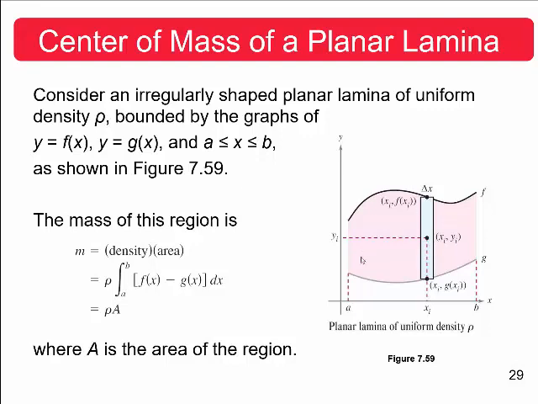We know how to find the area: you just integrate from a to b the top graph minus the bottom graph with respect to x, and multiply it by rho, whatever the density is. That's how you get rho times A, where A is the area of the region, found with some very simple integration.